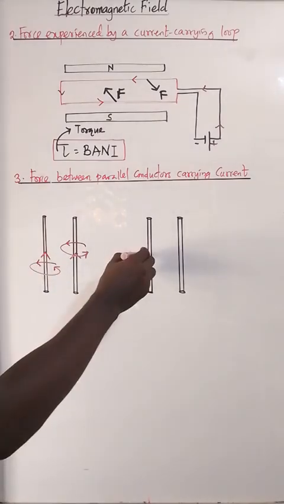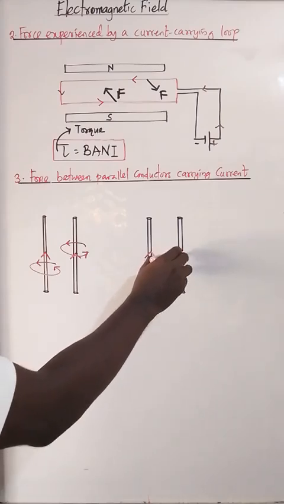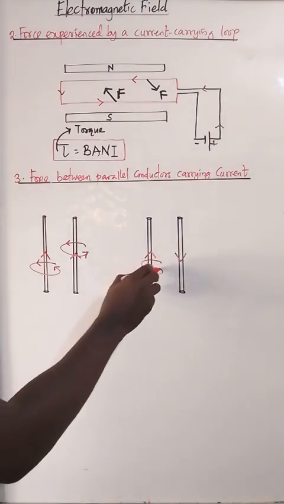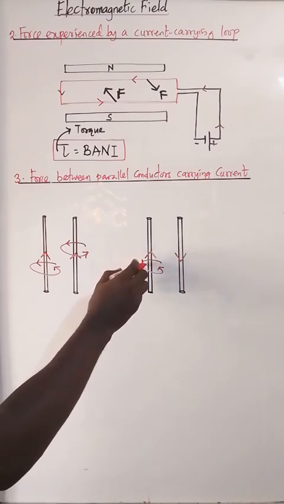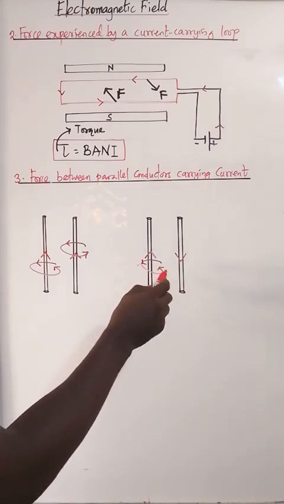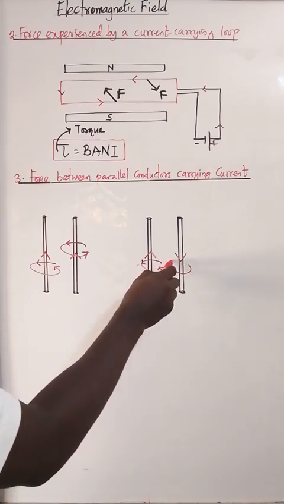Now suppose this one carries current up and this carries current down. If current is up, we'll still have this same thing here. Why for this one, it does not go this way, it goes the other way.